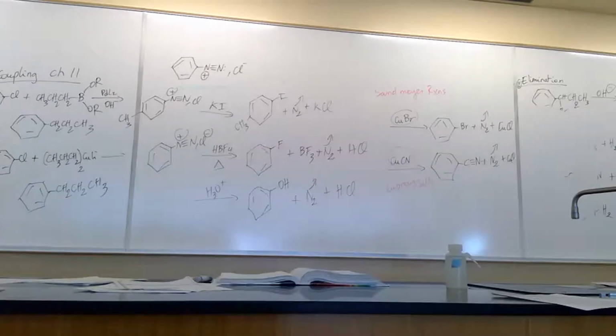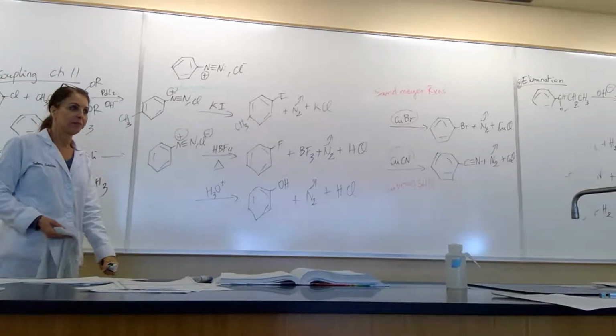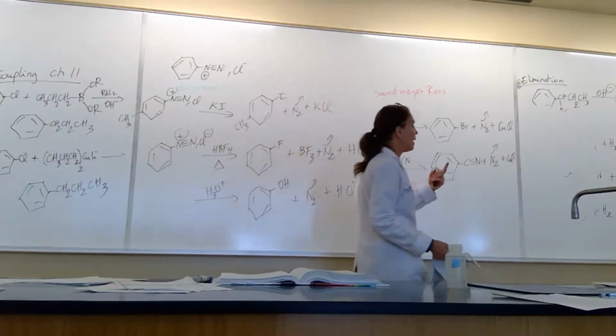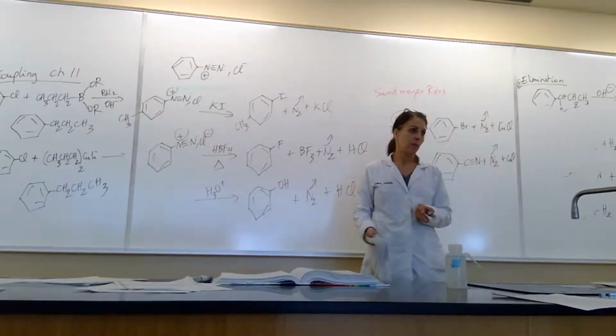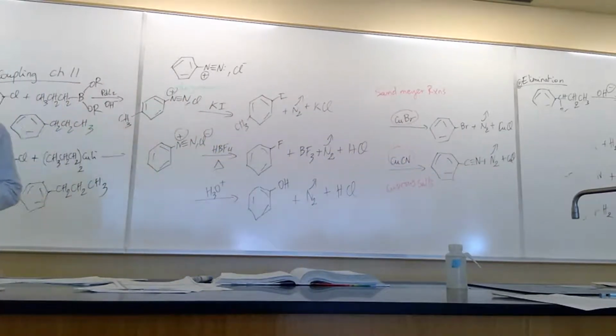But all these reactions are on the substituent, you agree? So the question is, what if I want two substituents now on the benzene ring? I used one here. How do we make a compound that has more than one substituent? And especially if I want them different.